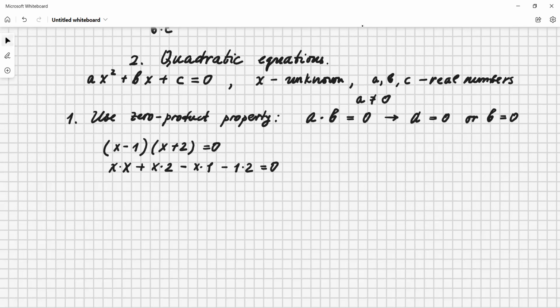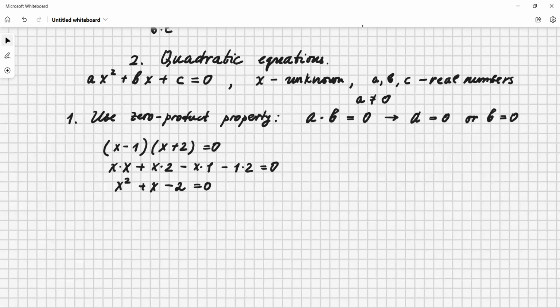If we simplify this, we get x squared. These two are going to be combined: 2x minus 1x is plus x, and minus 2. And we got a classical quadratic equation. My a is equal to 1, my b is equal to 1, and c equals minus 2.